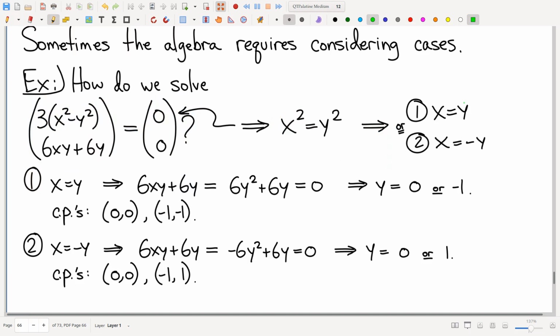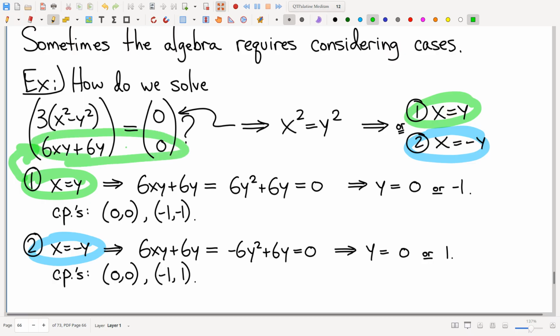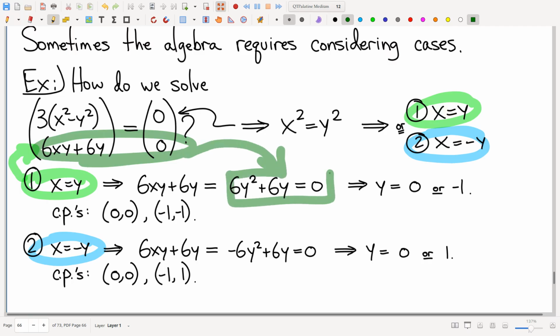Now again, two cases. x could equal y. We'll do that one first. Then we're going to have to consider if x is negative y, a totally separate situation. Easily done. Let's plug that into this equation. Let's see, that turns that into this, which is easy to solve.